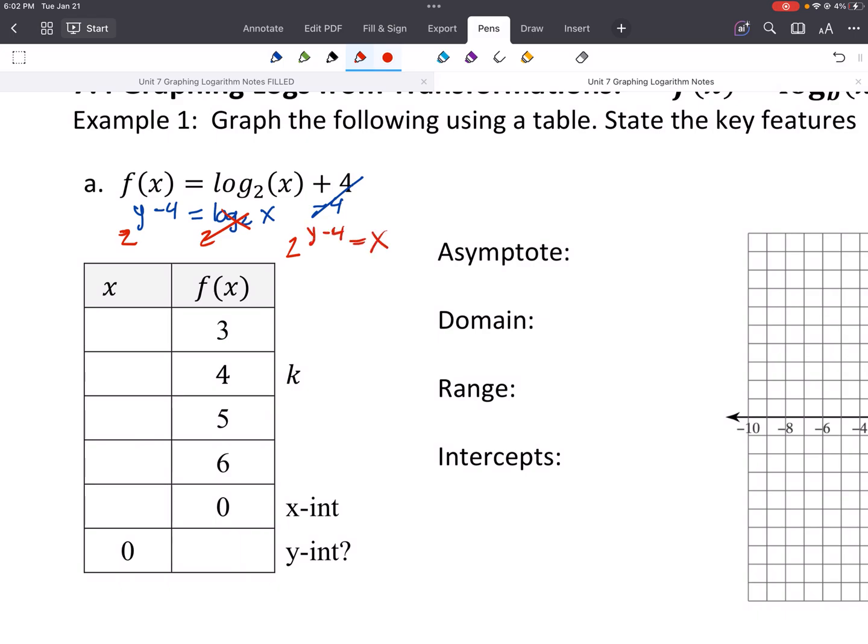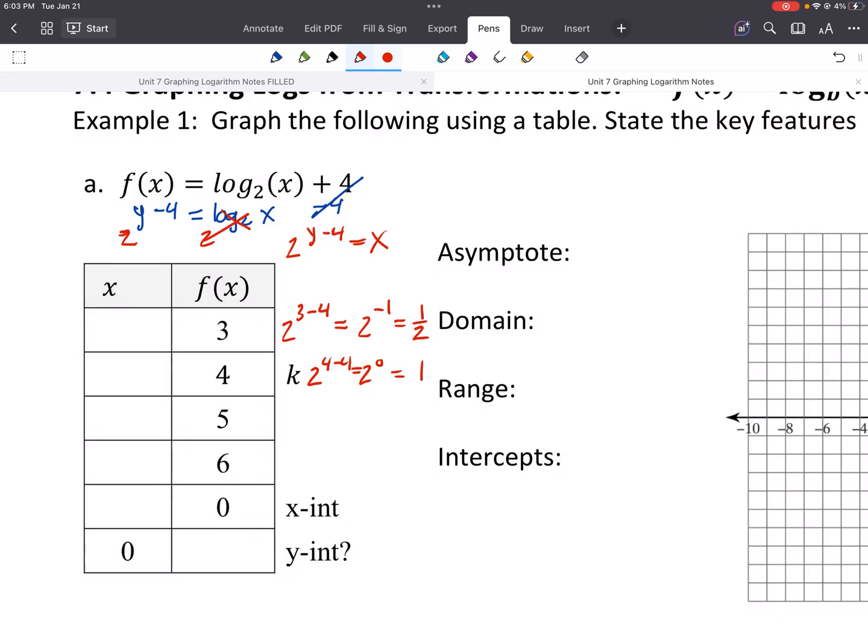So we'll end up getting 2 to the y minus 4 is equal to x. We're just going to plug in the y value, or f of x, and see what we end up getting. So here we'll get 2 to the 3 minus 4 is equal to x, and this would be 2 to the negative 1, which is 1/2. The next one would be 2 to the 4 minus 4, which is 2 to the 0, which is 1.